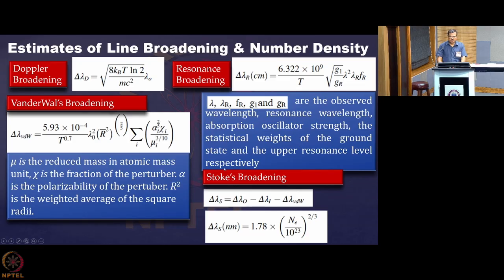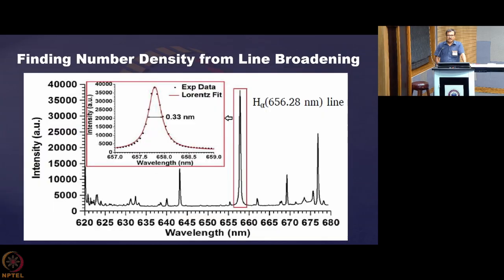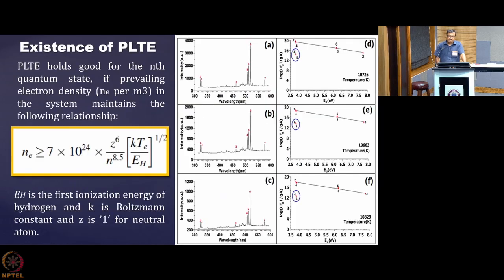This is not Stokes broadening, it is Stark broadening, and the expression is 1.78 into Ne by 10 to the power 23, to the power 2 by 3. Once you are able to find this broadening correctly, you are able to determine the number density. That is the basic principle behind the method to determine number density using the line broadening mechanism. I have shown it over here, the same thing we showed earlier.